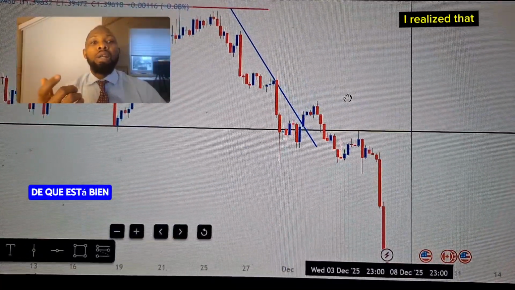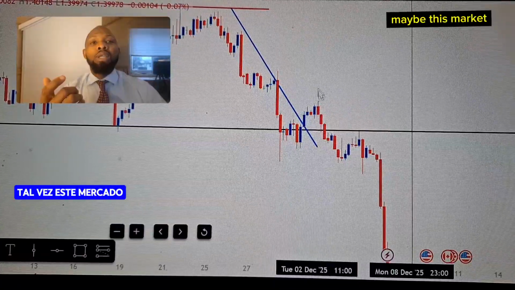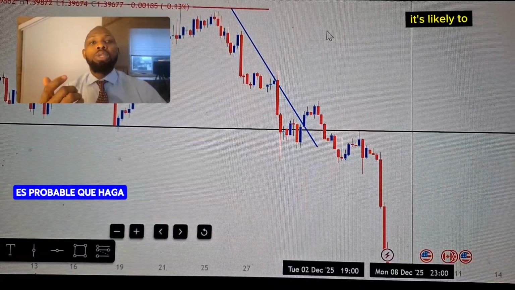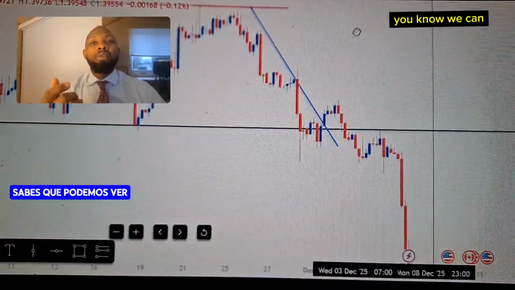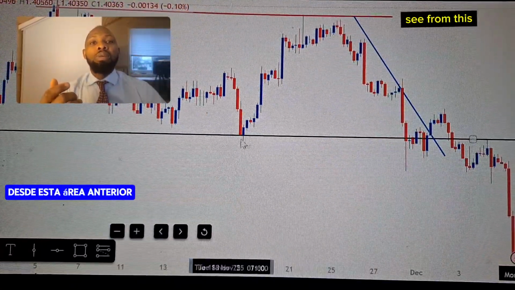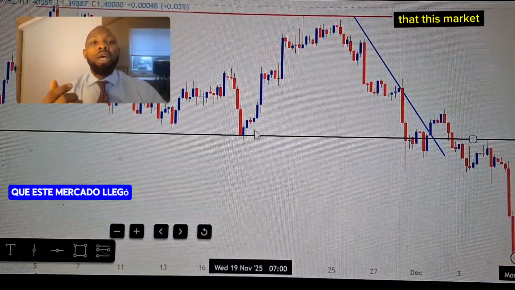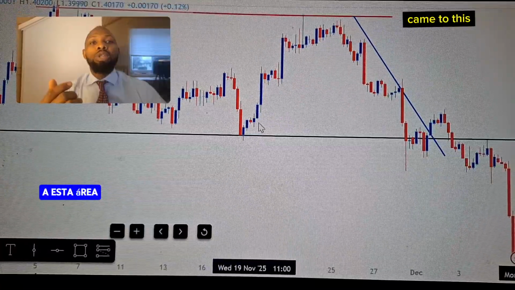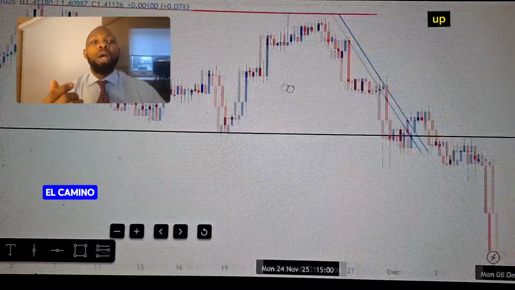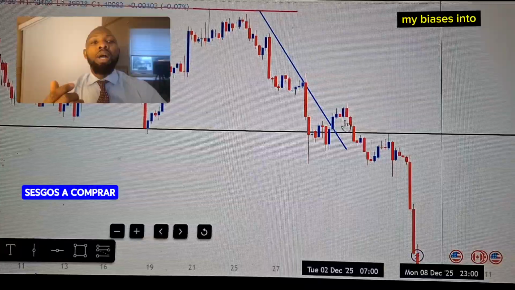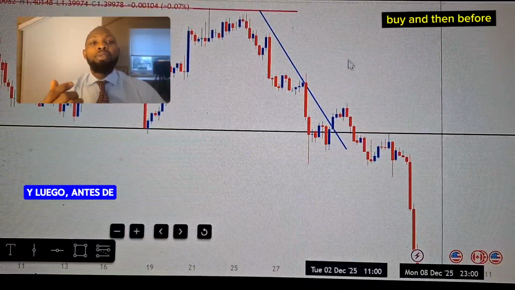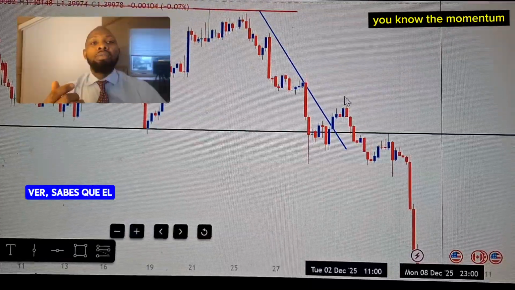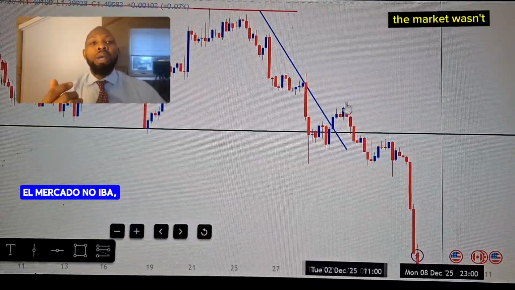Then I realized that maybe this market is likely to continue upwards. It's likely to make another equal high. We can see from this previous area that the market came to this area and then went all the way up. So I changed my bias to buy. I tried to buy, but the momentum was stuck and the market wasn't going.